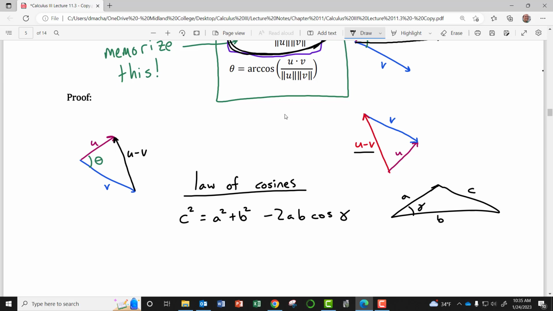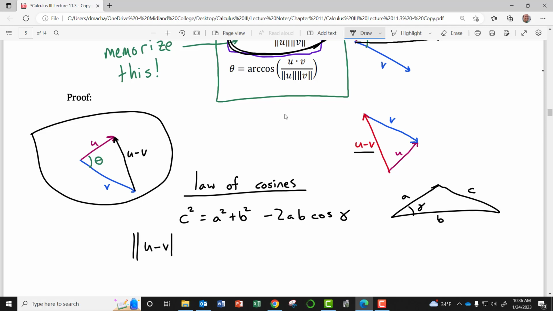But now let's apply this to our triangle over here with my vectors u and v as two of the sides, and of course the third side, like I showed you, is the vector u minus v. In this case, the length of this side is going to be the norm of u minus v, and then of course I will want to square that. Here, I have to pick one of my sides to be a.